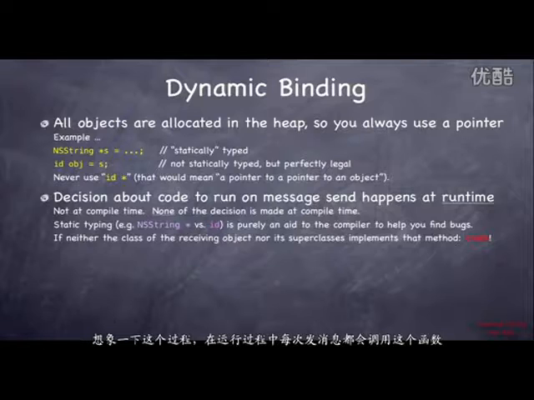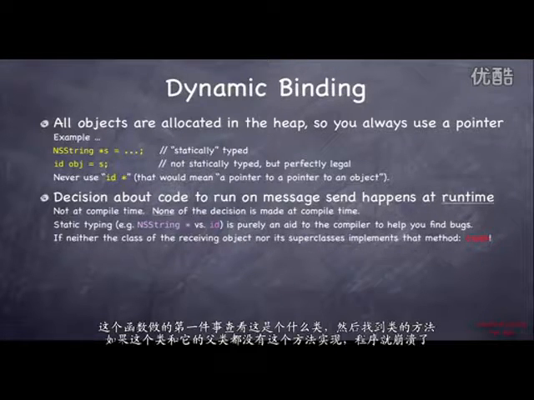Okay? So imagine that's what happens. And then when your program runs, whenever a message send happens, this objc_msgSend function gets called. And the first thing it does, it looks at that object to see what class it is, what type of object it is, and then tries to find a method that that class implements. And if that class and none of its superclasses implement that method, it crashes, raises an exception.